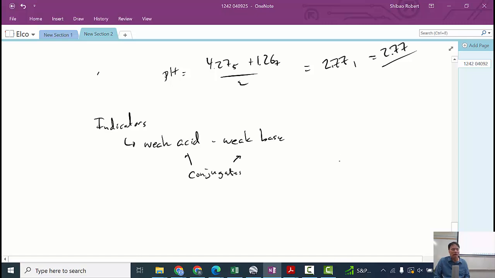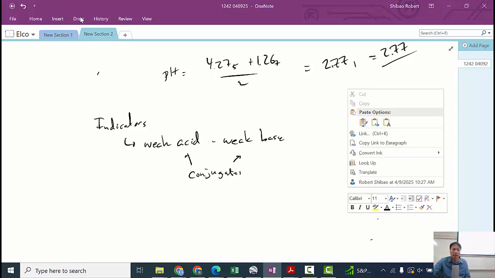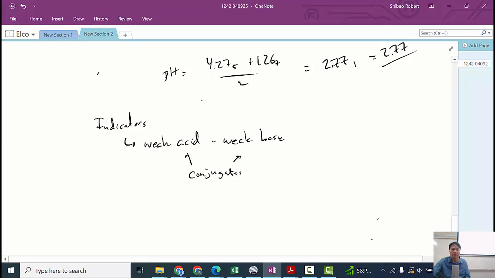What type of mixture is that? We call this a buffer mixture, and since they're conjugates, we call it a Henderson-Hasselbalch buffer. And so this is an HH buffer.